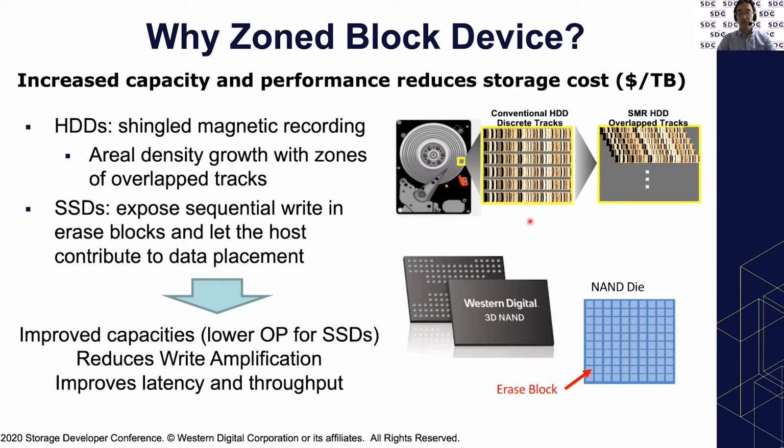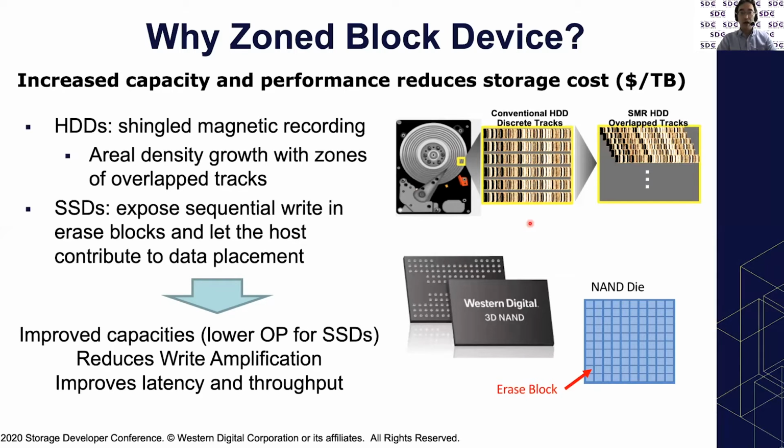Regarding the HDD, as areal density grows, the data tracks get narrower and narrower. And at last, we need to allow them to overlap. This is SMR, Shingled Magnetic Recording technology.